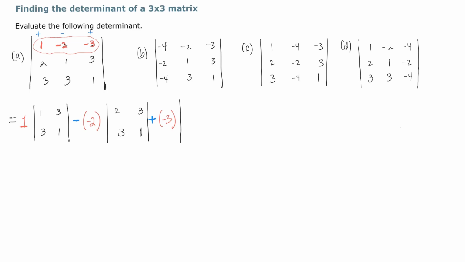Well, the determinant that's left is, let's use this color again, 2, 1, 3, 3. And I simply write that 2, 1, 3, 3 and put it right there.